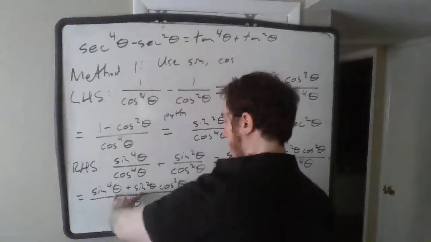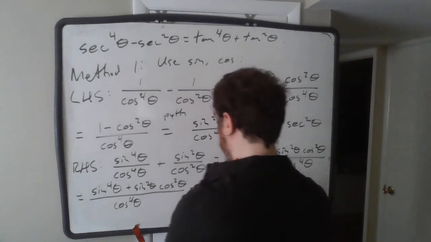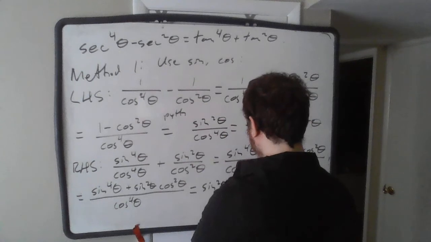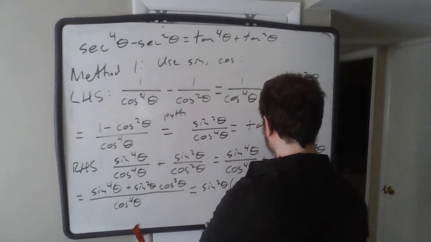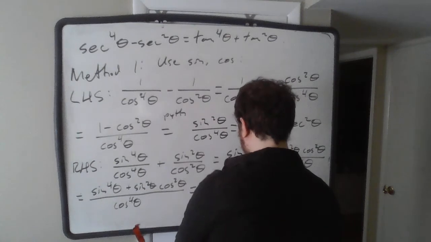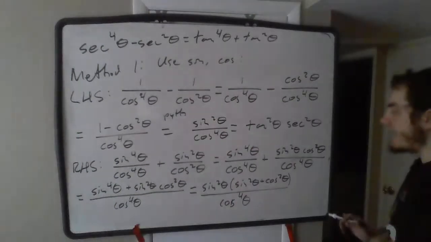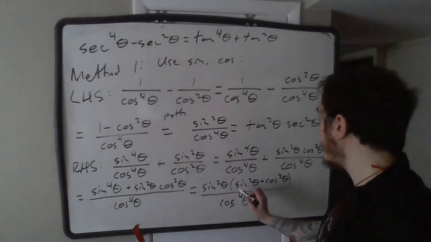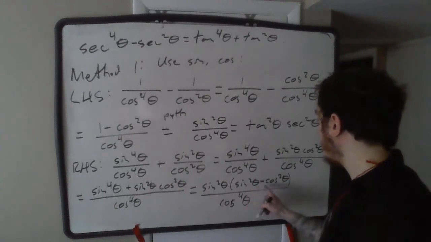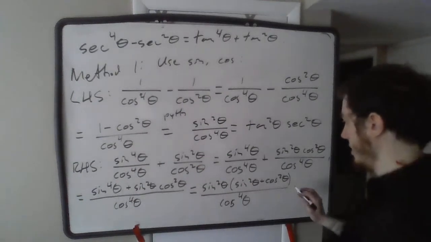I can factor a sine squared theta out of here. So this becomes sine squared theta times sine squared theta plus cosine squared theta, all divided by cosine to the fourth theta. And now, by the Pythagorean identity, sine squared theta plus cosine squared theta is equal to 1.